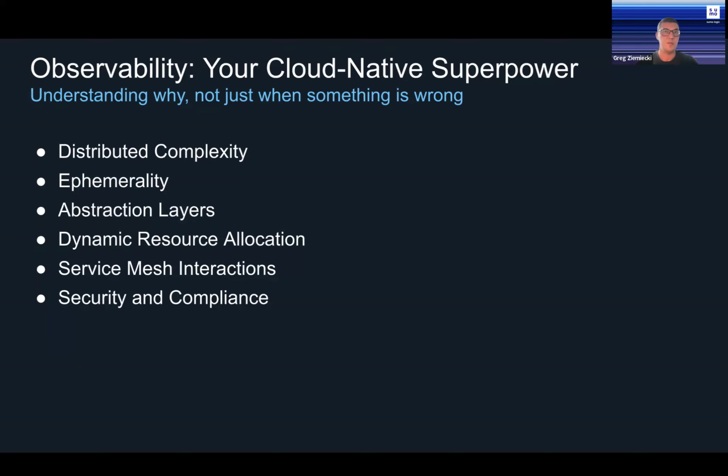Then there's dynamic resource allocation: auto scaling and on-demand resources. Understanding how those resources change and scale, horizontally and vertically, is also important. There are new concepts like service mesh interactions, which become more common, and again another layer of complexity is added.